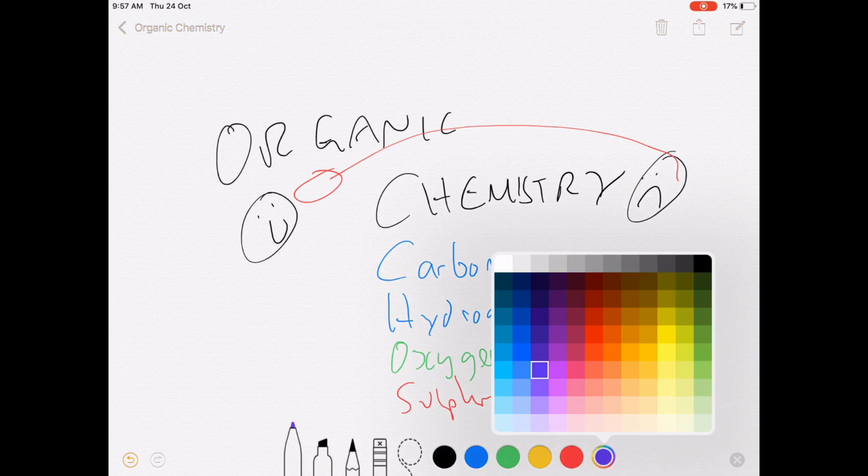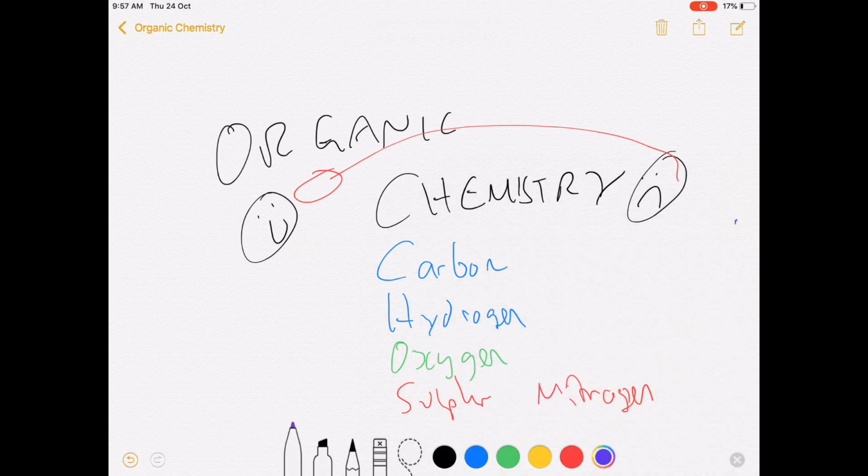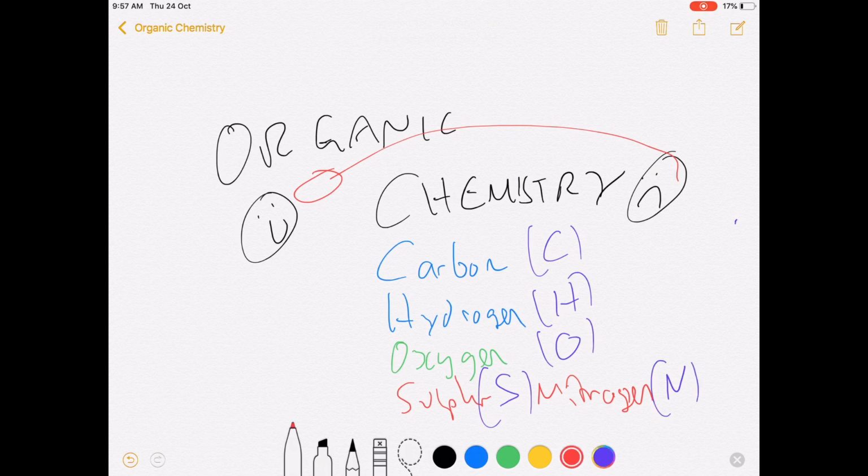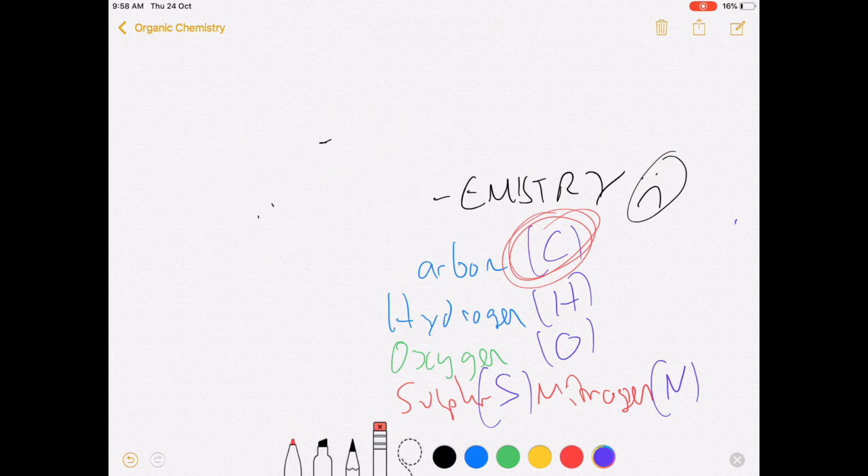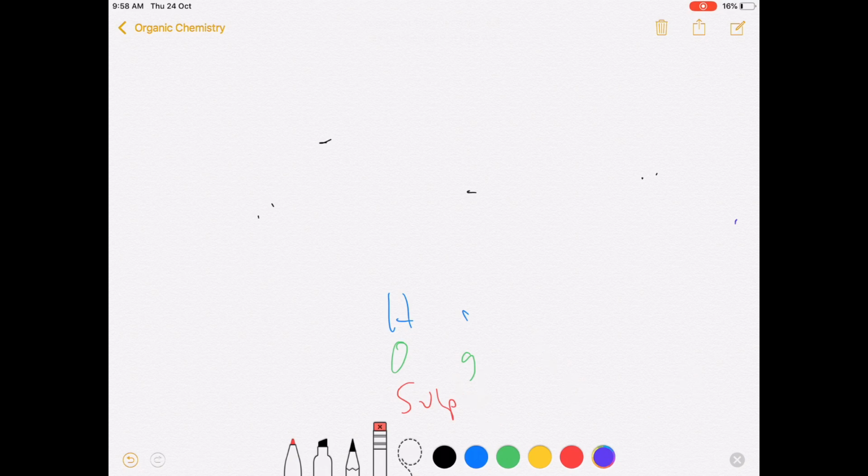Of course, all of the symbols of these elements you know, right? C, H, O, S, and N. Element symbols. And the biggest, most important symbol in all of those is carbon. You are a carbon-based life form. I hope you are feeling happy today. So, dear carbon-based life forms, where do we begin?